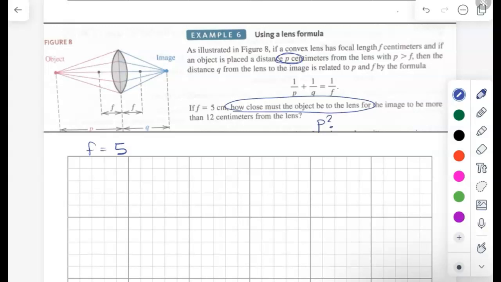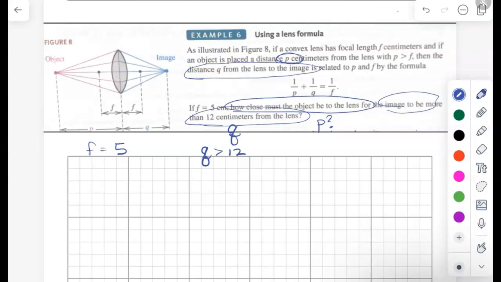And then they want the image to be more than 12 centimeters from the lens. So the distance from the lens to the image is q. They want q to be greater than 12, and they want us to find the p that will do that.